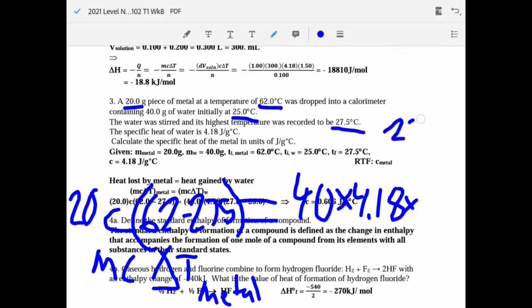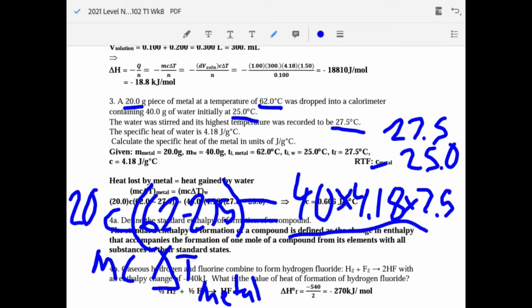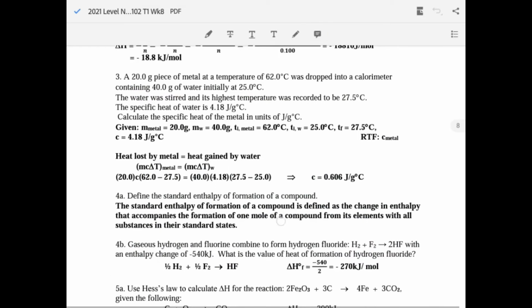So 27.5 minus 25, which is 2.5, and you just solve this for C. So this is 20 into 62 minus 27.5, and then you just put it in the calculator and solve it. You end up with 0.606.